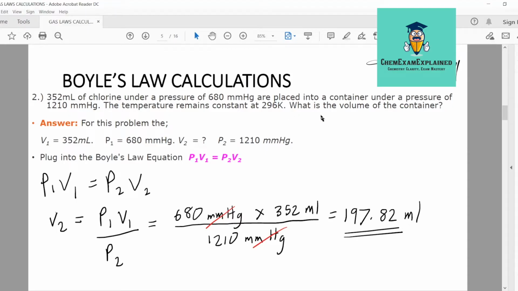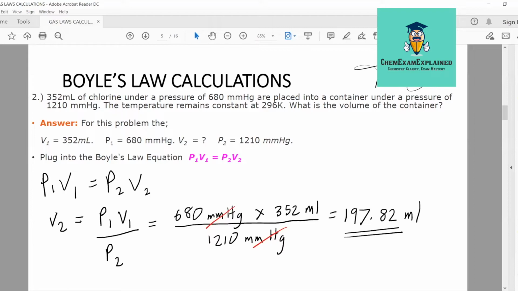So the volume of the container is 197.82 milliliters. If you want to convert milliliters to liter, you will recall that 1,000 milliliter is equal to 1 liter. So you could do that conversion easily if required.